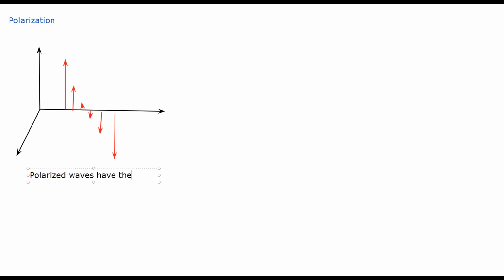Polarized waves have their electric field oriented along one direction. And if the electric field is fixed along one direction, like here I have the Y component, then your magnetic field will only be along the Z component.